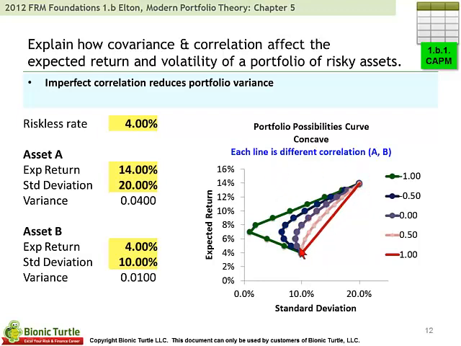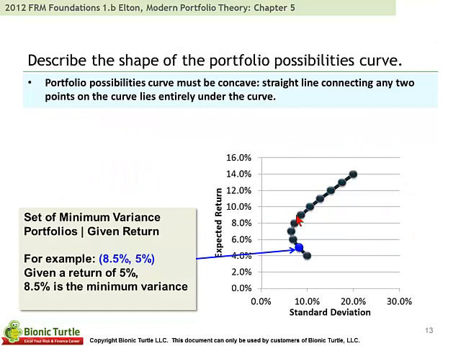Red is perfect correlation, and so we can see that anything less than perfect correlation, that is to say imperfect correlation, and we start to realize the benefits of diversification, illustrated by the curvature here in this line between the two assets. So it is imperfect correlation that really manifests as the benefits of diversification.